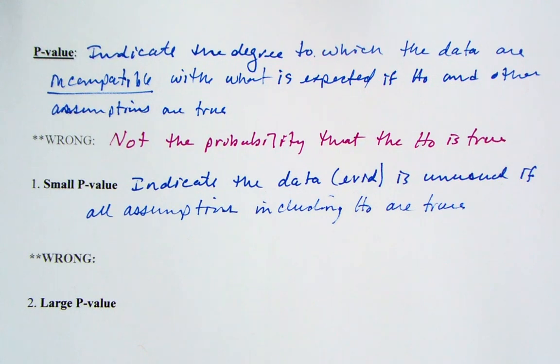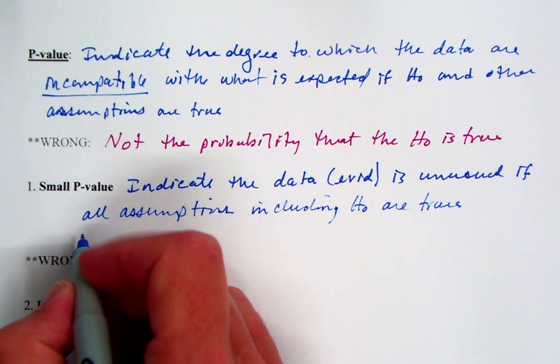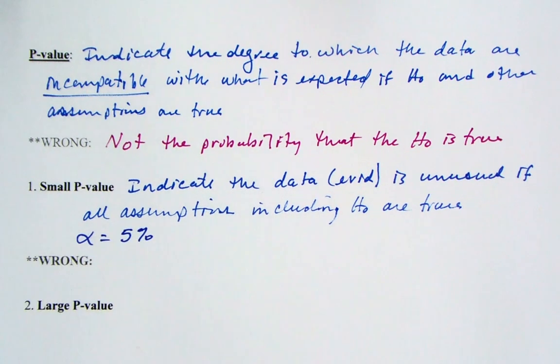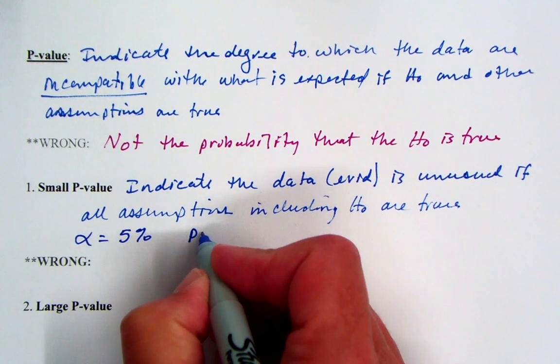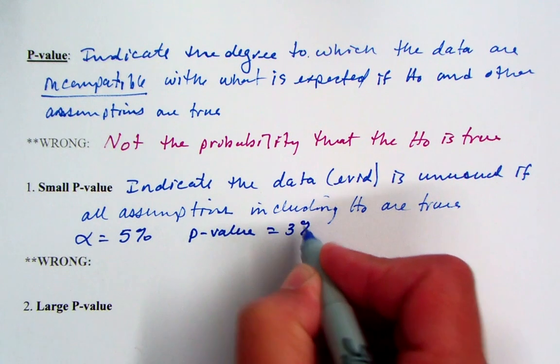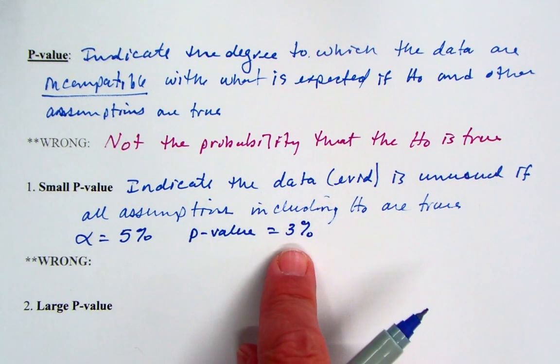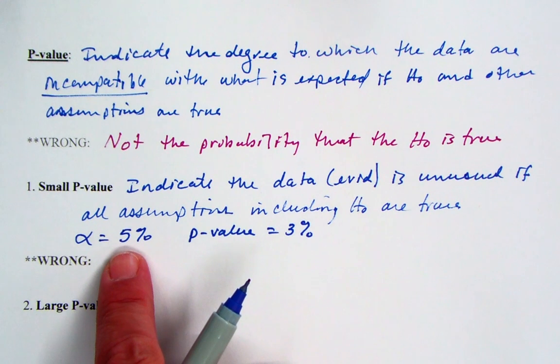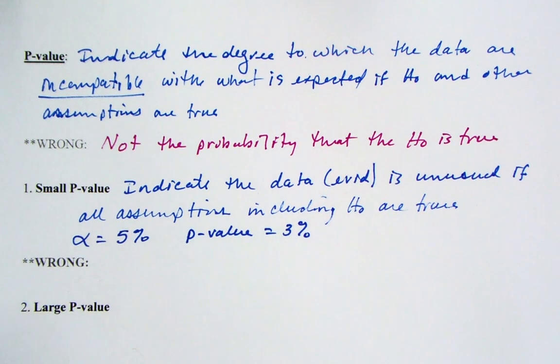That's why we have to make assumptions, and that's why we have errors. So a small p-value indicates the data is unusual. How small is small? Remember, we compare it to the alpha level. If my p-value is smaller than that, this indicates that the data is unusual, so it's telling me that I'm not supporting the null.